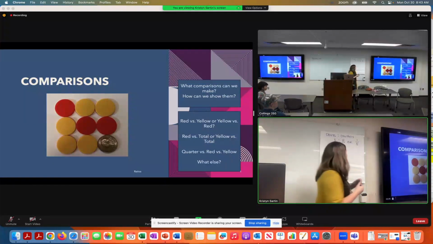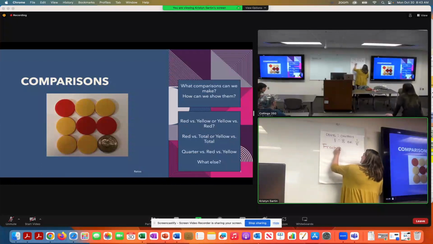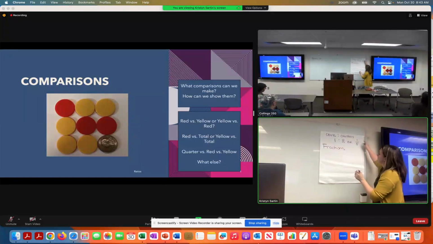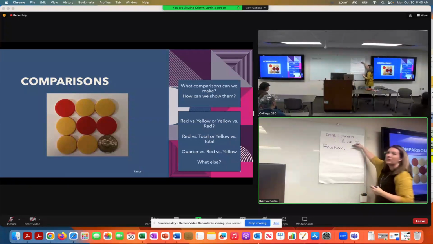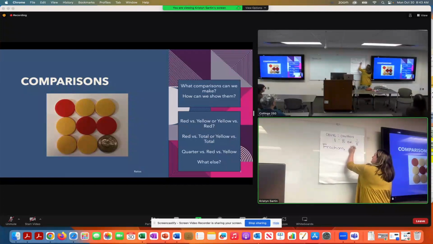Okay, because fractions might look like this, but what always goes on the top of a fraction? Numerator is the math word we use for it, but what does it mean? The parts, yeah, number of parts.